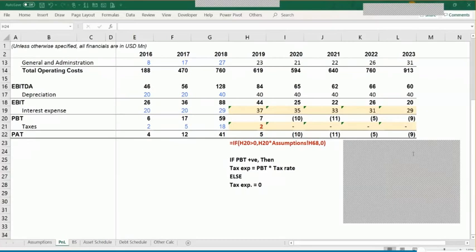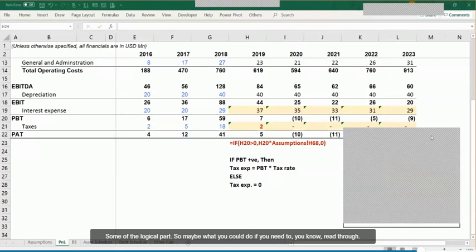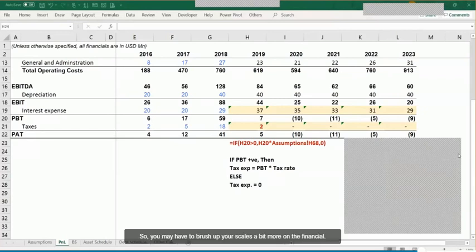So great. Meher, I see you have a question that you are facing some issues in understanding some of the logical part. So maybe what you could do, if you need to read through a bit on the financial analysis, is brush up your skills a bit more on the financial accounting concepts, so that should help you correlate the items between the various financial statements.